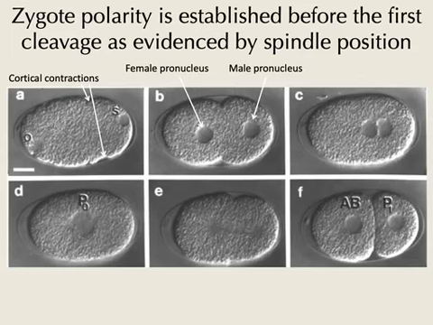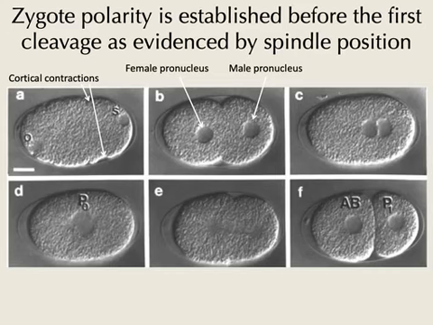So in this slide, what I'm showing you is unpacking what happens initially. Because in the movie and in the previous slide, I jumped right away from the zygote, the fertilized egg, to the two-cell embryo.